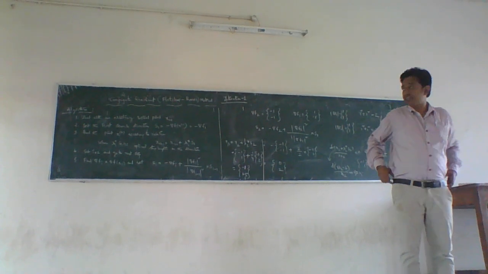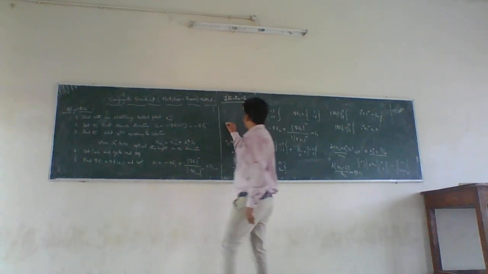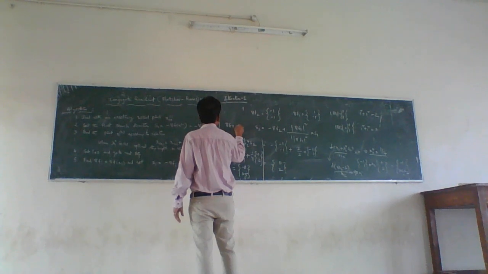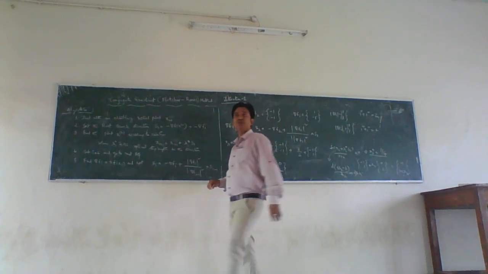Just 2 iterations. For example, if del of x3 is not 0, then what you have to do?